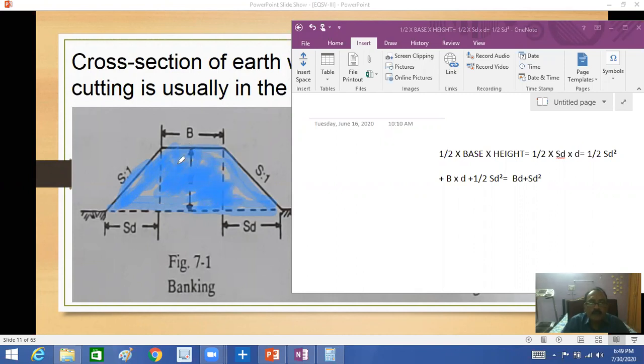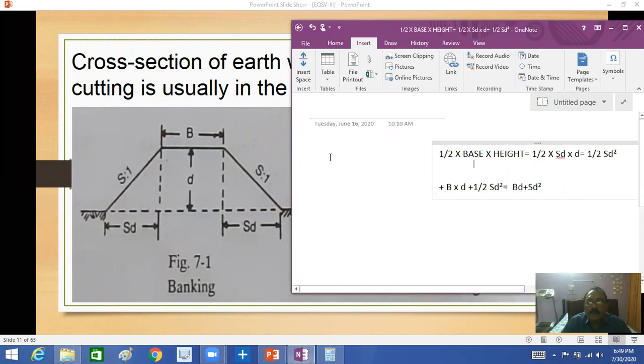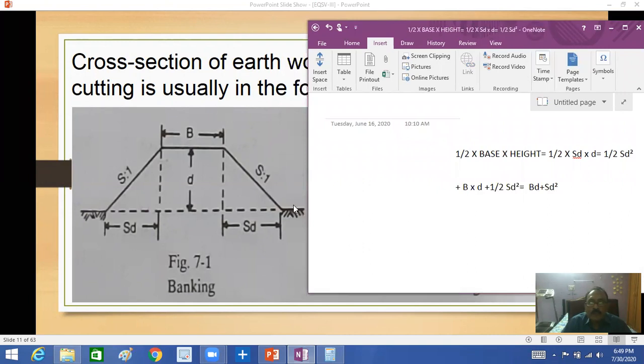How to calculate? First you calculate this triangle area plus the rectangular area plus this triangular area. In total you will get B D plus S D square. This is the area. Understand carefully. If you understand this concept, it is very easy.